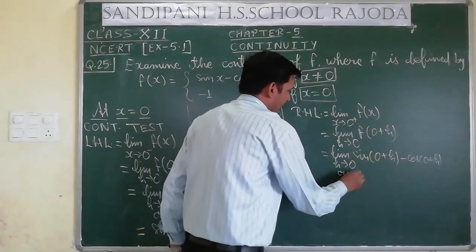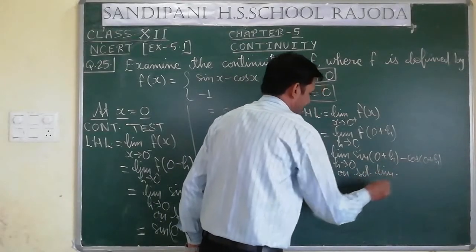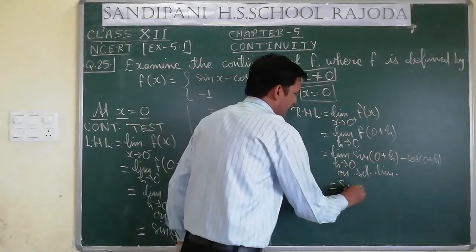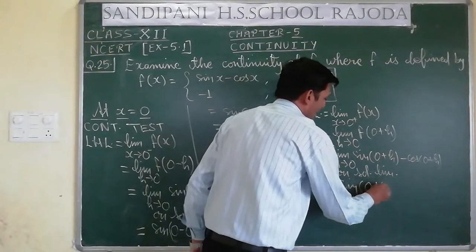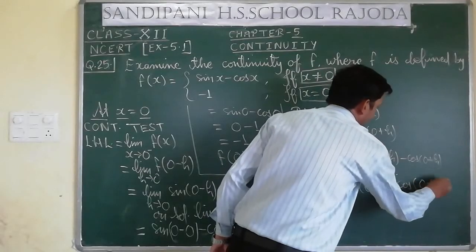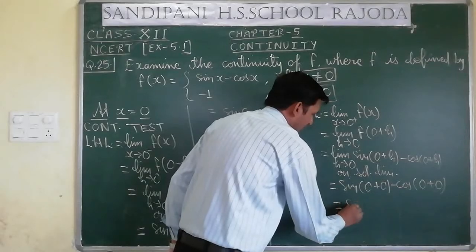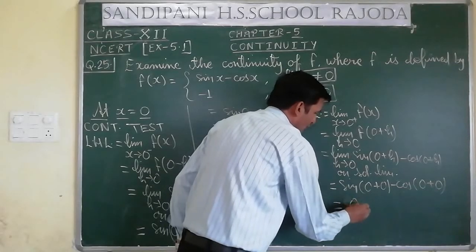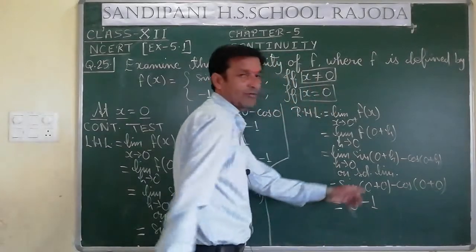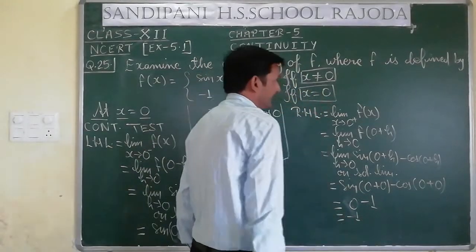On solving the limit, this will be sin 0 plus 0 minus cos 0 plus 0. So this is equal to 0 minus 1, because the cos 0 value is 1. So it will also be equal to minus 1.